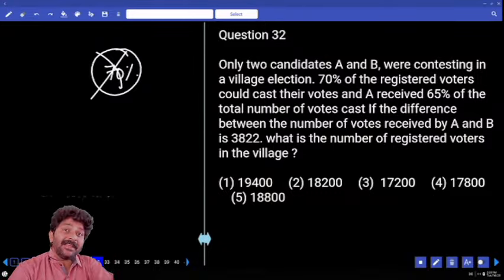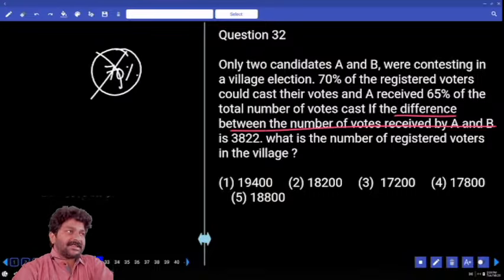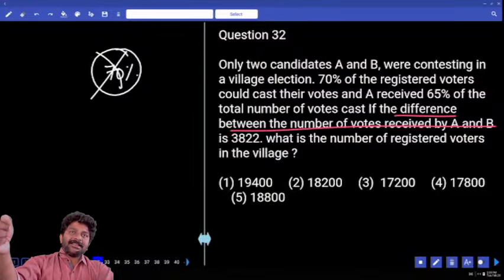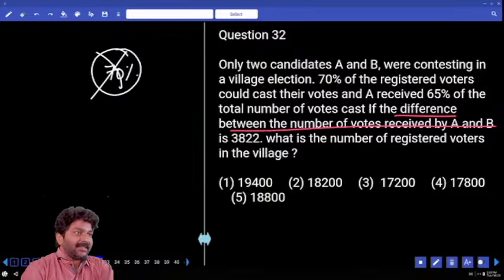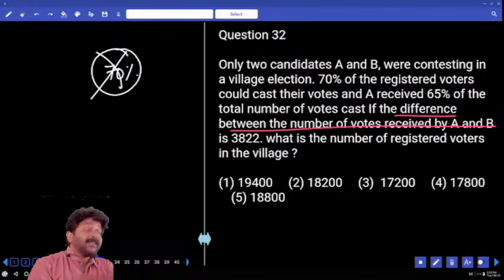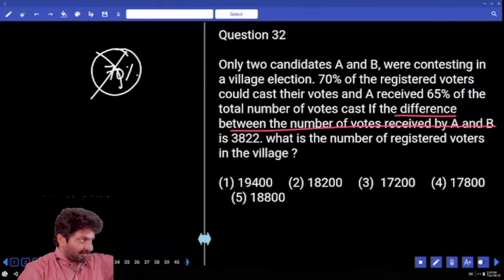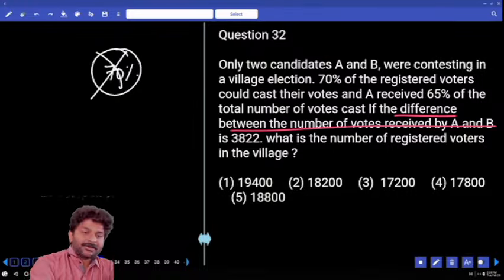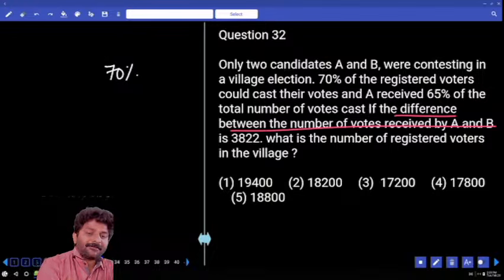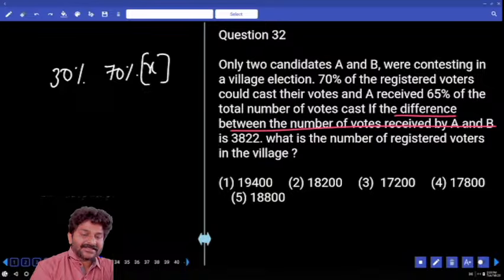That means the other guy will get 35%. We were given the difference between votes received by A and B. One guy is getting 65%, the other is getting 35%. Difference? 30% of what? This number only? So, 30% of 70% of the registered voters.